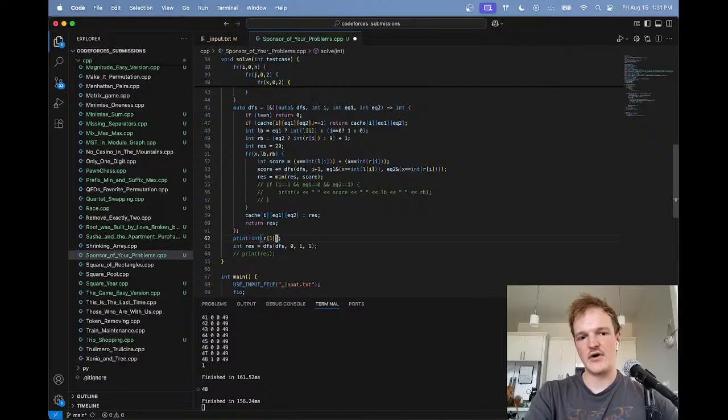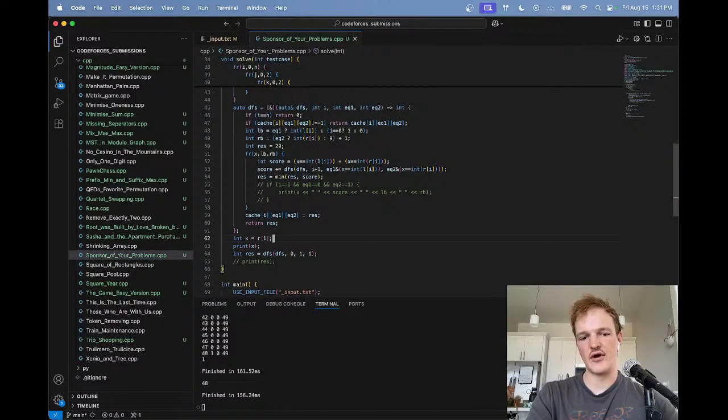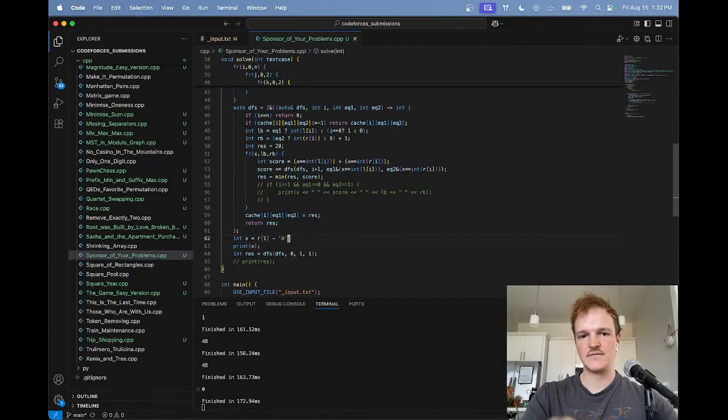So what I want to do is say, well, what happens if I just say int x equals r at 1? Is it smart enough to automatically convert it to a 0, or will it not do that? No, it'll convert it to a 48. So I think I need to say r at 1 minus 0. Yeah. So my integer conversion is not right. I think that's the only one.